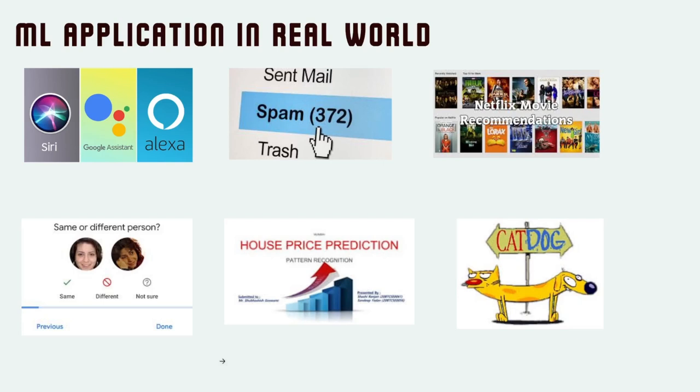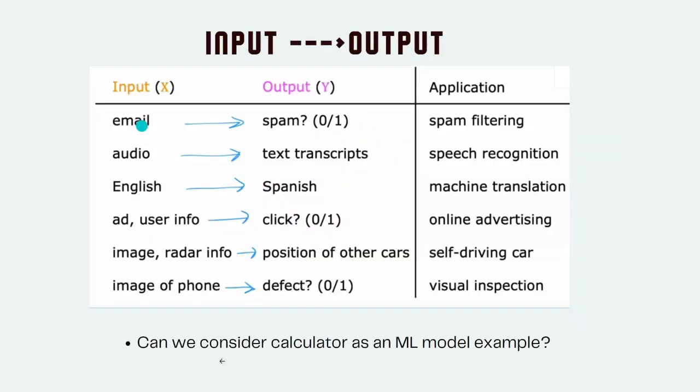Moving forward, just like I said, machine learning is all about input to output, right? So here are some cases. Suppose your x value gets an email, and it will tell whether it is spam or not. This type of application is called spam filtering.